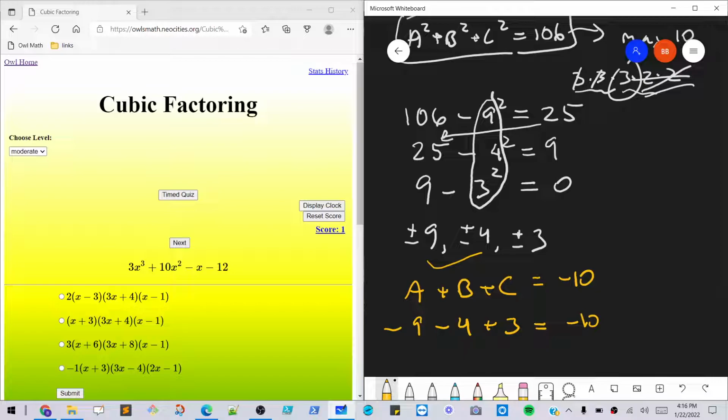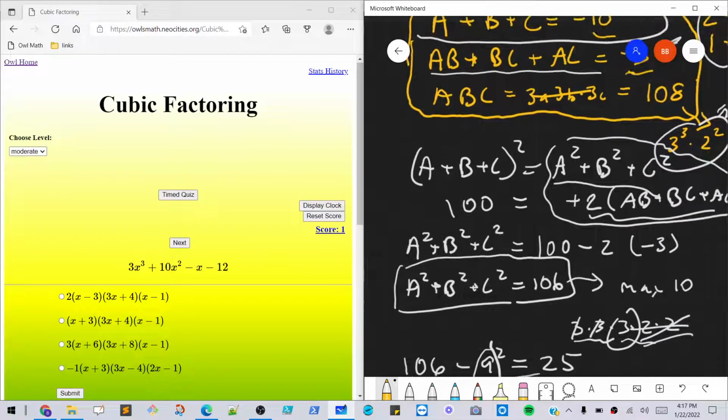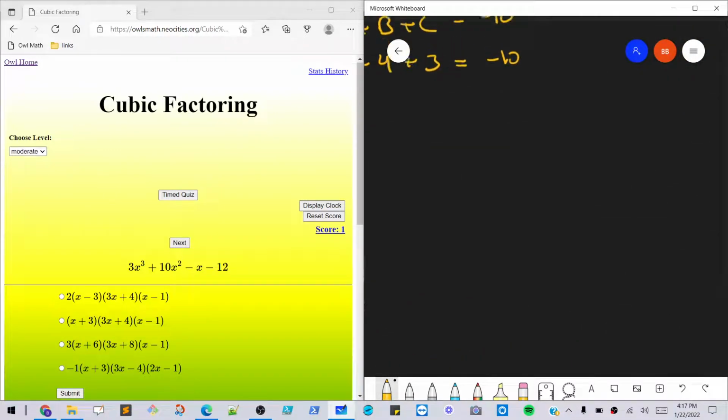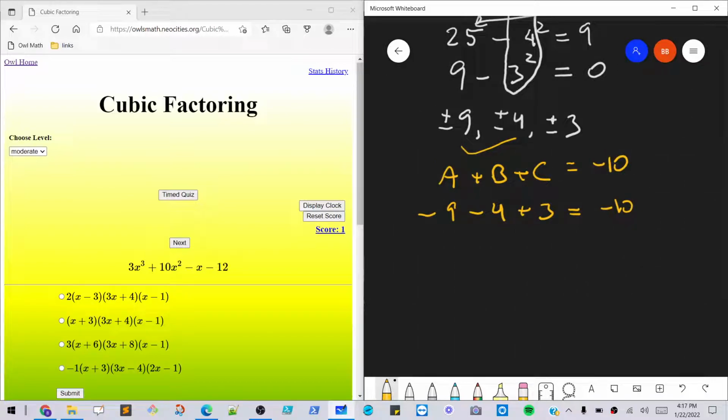And then I like to double check a little bit, right? If you multiply this out, 9 times 4 is 36 times 3 is 108. And if you really want to check it out, you can multiply each of them like so. -9 times -4.